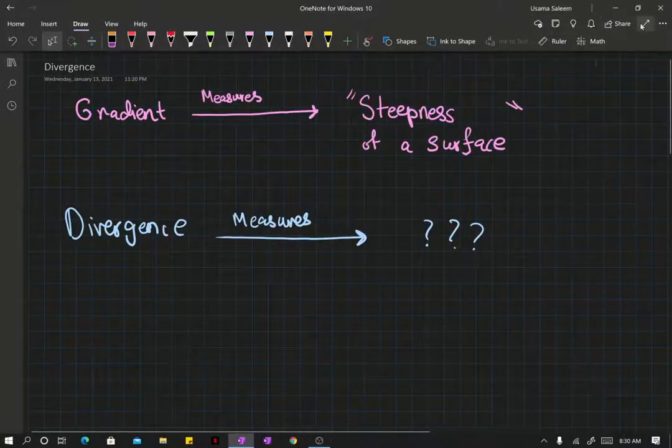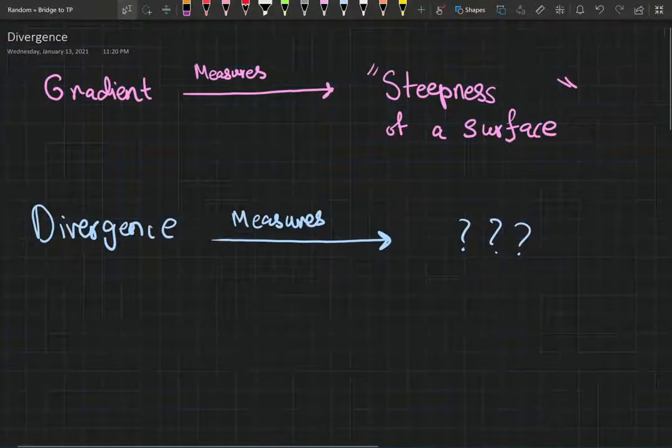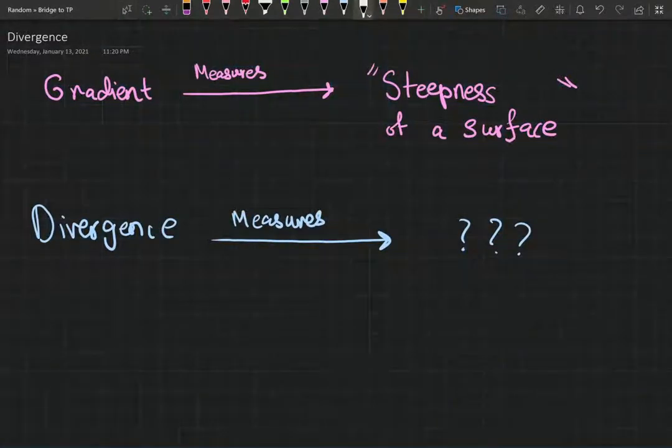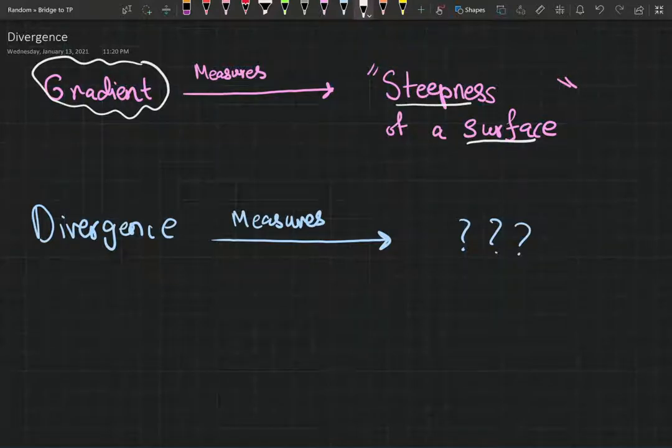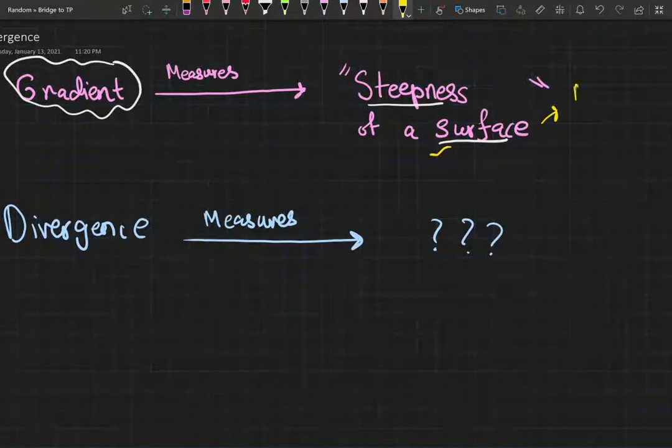Alright, welcome back everyone. In the previous video, we talked about the meaning and I tried to develop the intuition behind the gradient. We discussed that the gradient measures the steepness of a surface. This surface could be a mountain, as we talked about.